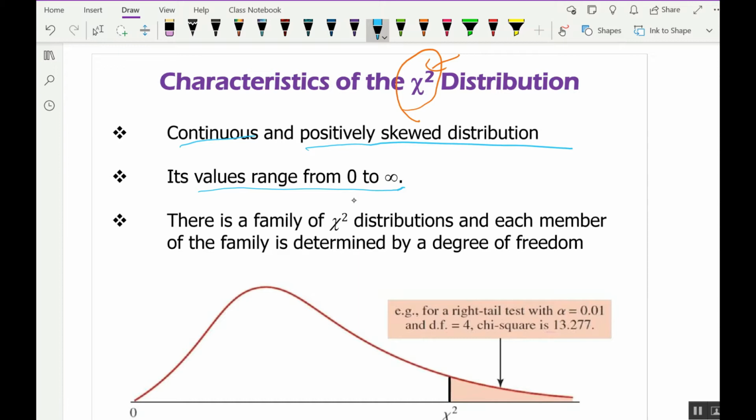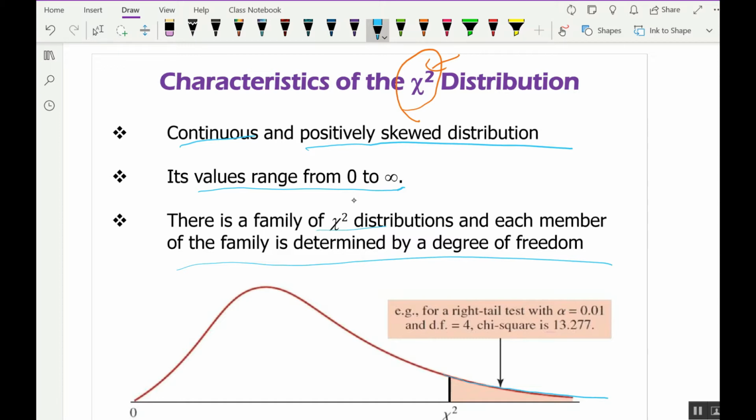And values from 0 to infinity; as you can see from the shape here, it can go up to infinity. There is also a family of chi-square distributions, and each member of the family is determined by its degrees of freedom.